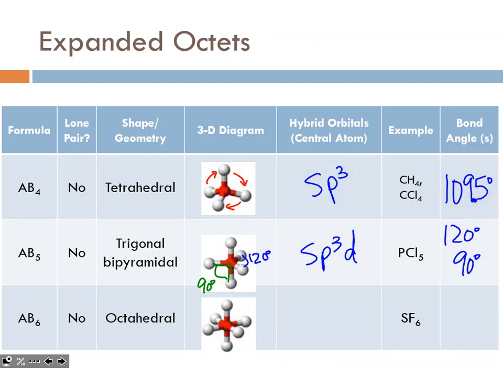So how many orbitals merge now? 6. So we need what? 1 s, 3 p's and 2 d's now to merge all together to form sp3d2 hybrids. And it should be pretty obvious, but what are all the angles on this thing? They're all 90s, yeah. So that one's pretty easy to tell.